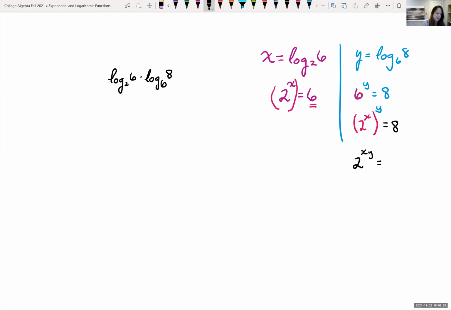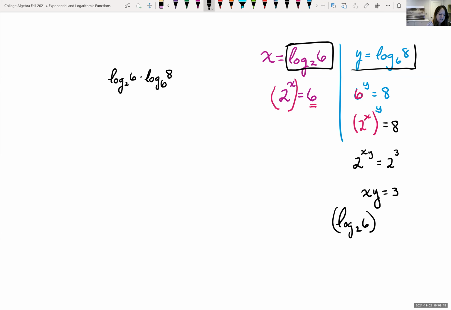So we can rewrite 8 as 2 cubed. And so x times y has to equal 3. But x, we had chosen to be log base 2 of 6, times y, which we had chosen to be log base 6 of 8. So x times y, which is log base 2 of 6 times log base 6 of 8, has to equal 3. So our solution is 3.